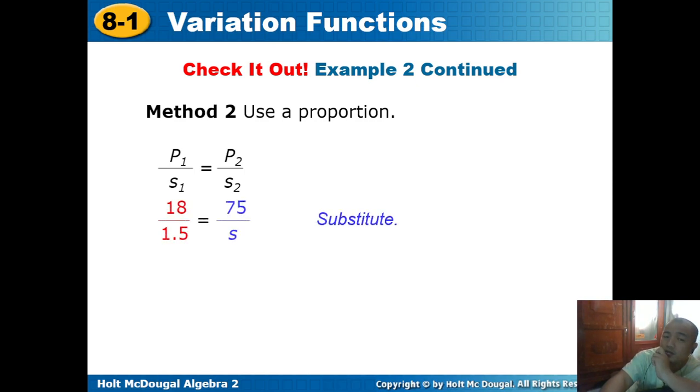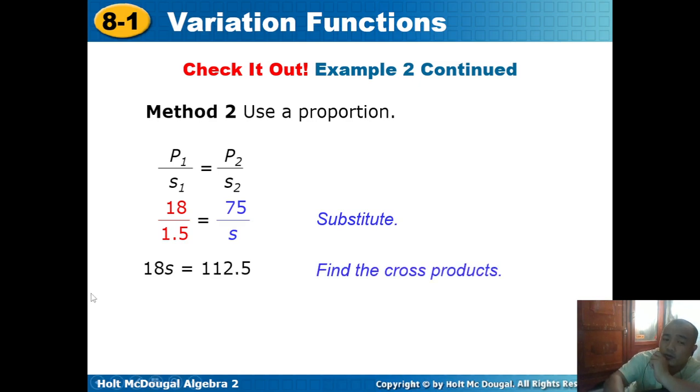Then just substitute 18 over 1.5 equals 75 over S. We're trying to find here the value of S sub 2. So cross products, 18S equals 75 times 1.5, 112.5 divided by 18 is 6.25. The same result was obtained.